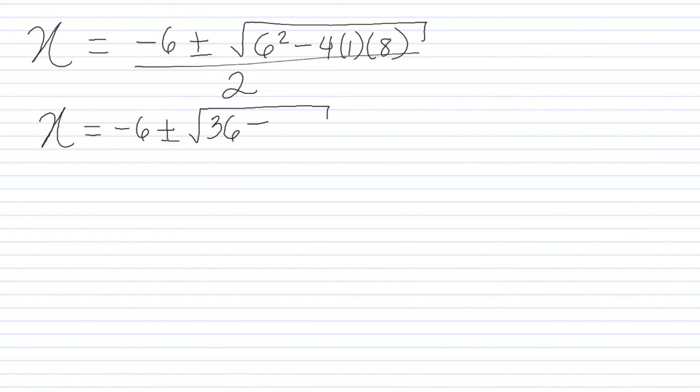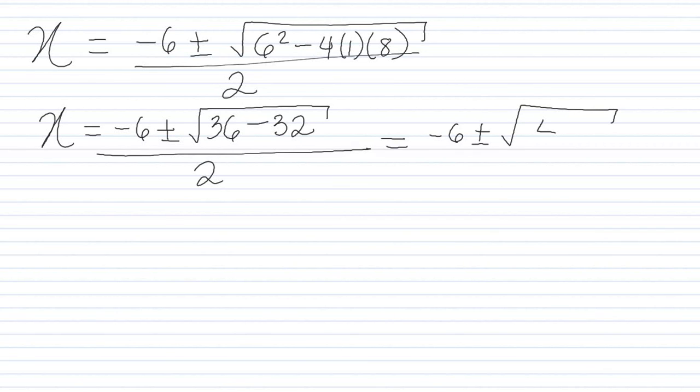Then 4 times 1 is 4, and 4 times 8 is 32. So that is divided by 2. When you do that, you have negative 6 plus or minus the square root of 36 minus 32, which is 4, divided by the denominator 2. So you have x equals negative 6 plus or minus the square root of 4, all divided by 2.